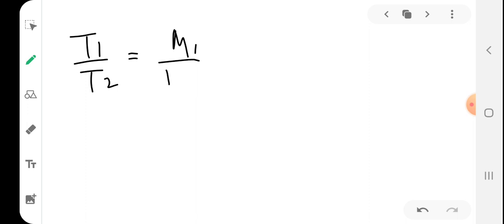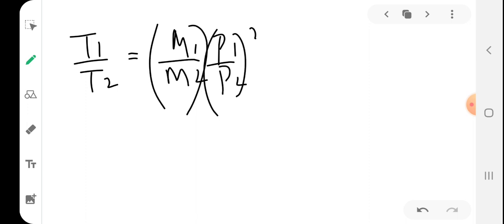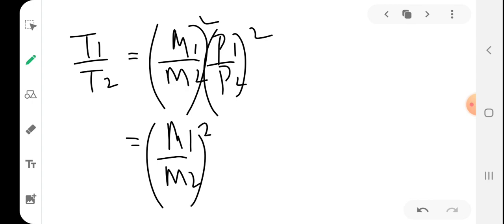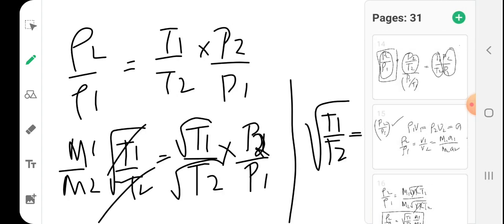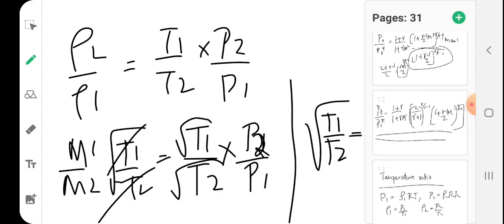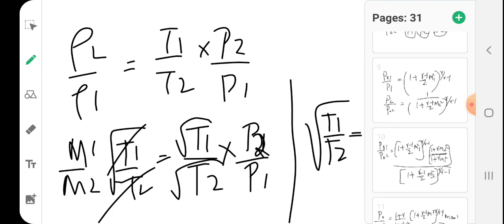And now T1 by T2 is nothing but M1 by M2 into P1 by P2 whole square. So keep M1 by M2 whole square as it is, and P1 by P2 can be substituted from the equation we have derived in the first section.